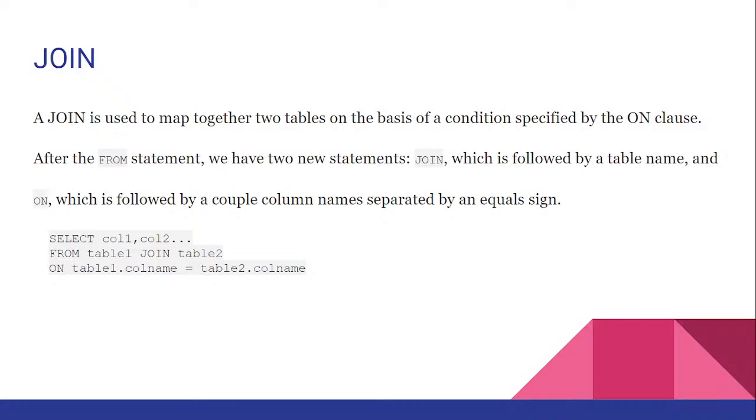Now, let's think about just join. What join does is it maps two or more tables together on the basis of some condition. That condition would be the relation which is present between the two tables. In my example, my relation was that each student has some teacher ID, whatever class they are taking. So in their row, whichever class they are taking, they have the teacher ID with it.